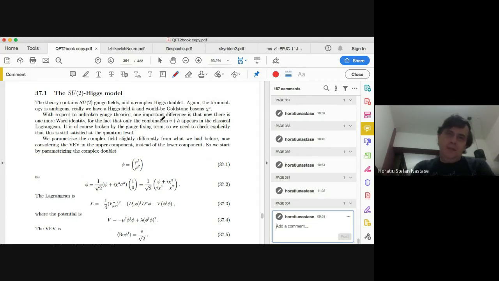So we have this combination v plus H that appears in the classical Lagrangian, and the gauge fixing term will depend only on v, not on v plus H. That means that at the quantum level, the effective action will not have this symmetry manifest, but that's why we actually need Ward identities.